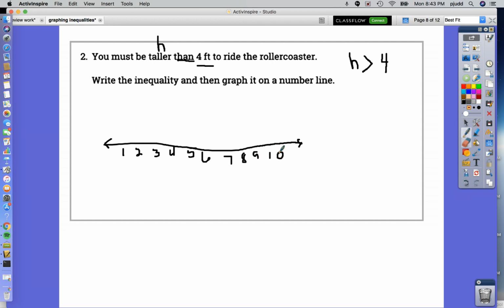But let's be realistic. We're talking about height. We're really going to have someone who's 10 or 11 feet tall? I don't think so. But I have to be taller than 4 feet. So this is where I'm starting. I have to be taller than 4 feet.